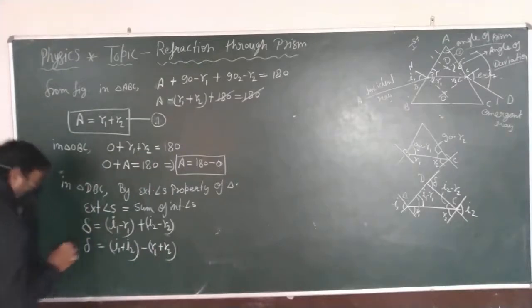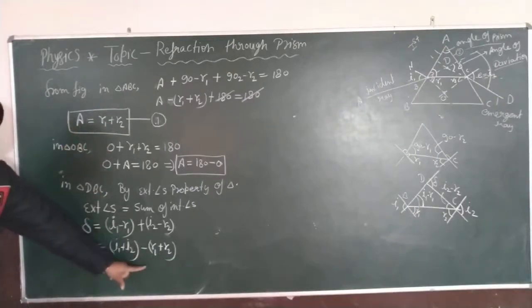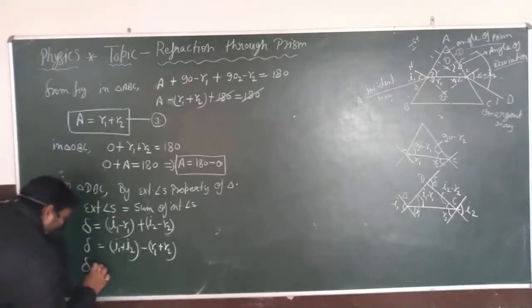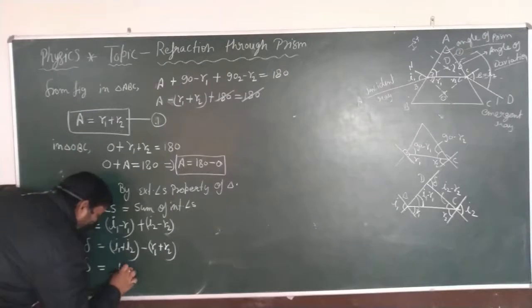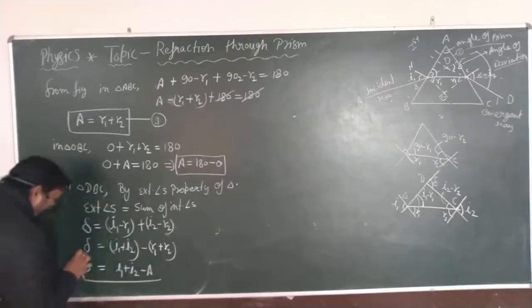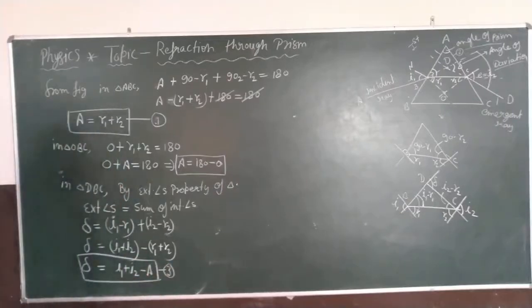Now in equation one, we have R1 plus R2 is equal to A. By using this relation here, we get delta, the angle of deviation, equal to I1 plus I2 minus A. This is the third and important relation.